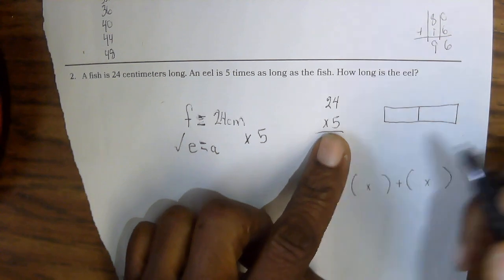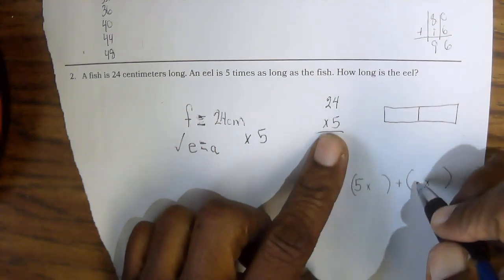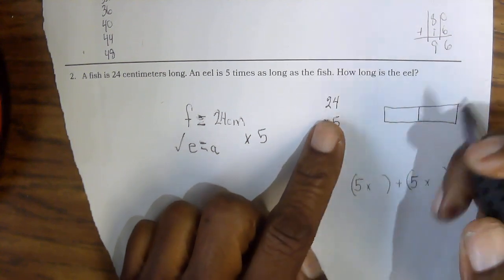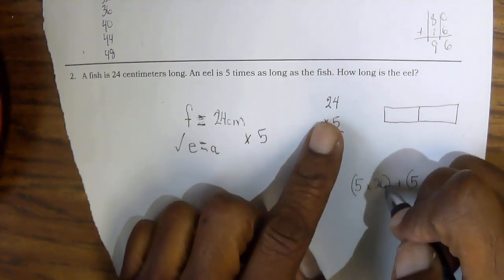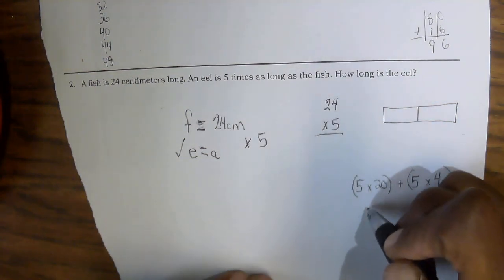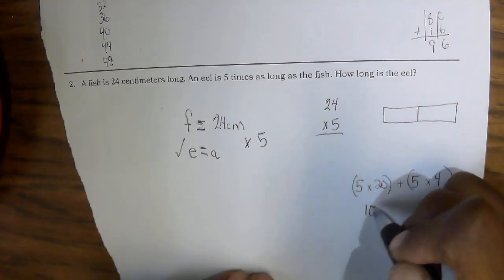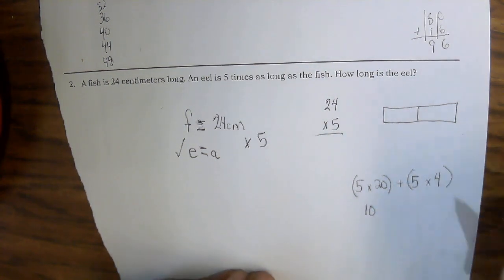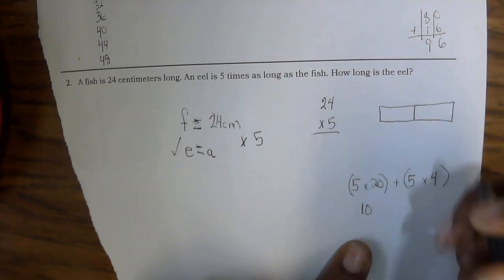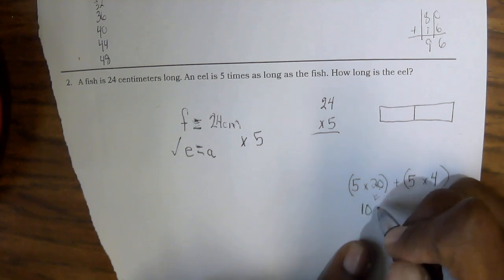Let's start with distributive property. So we're multiplying by 5, so that's going to go first. Then we're going to do the expanded form for 24, which is 20 and 4. 5 times 2 is 10. Now we're going to drop the 0. Don't mistake and say, oh, I'm done because there's a 0 at the end. 5 times 2 is 10, and you still have to bring this 0 down.